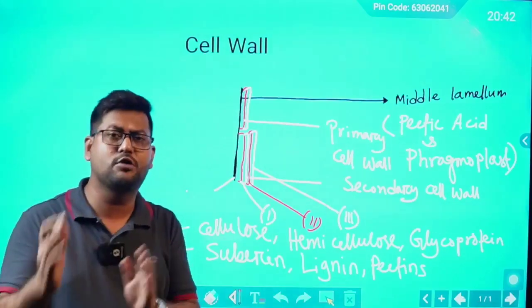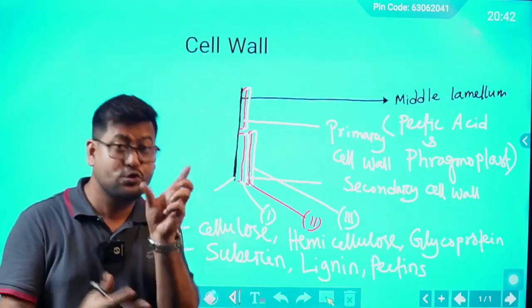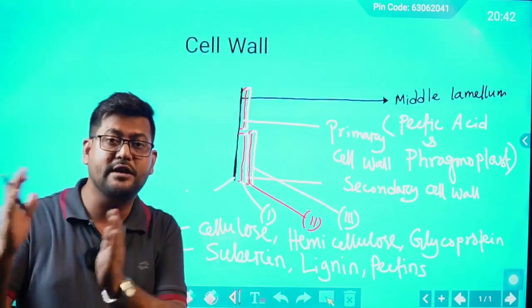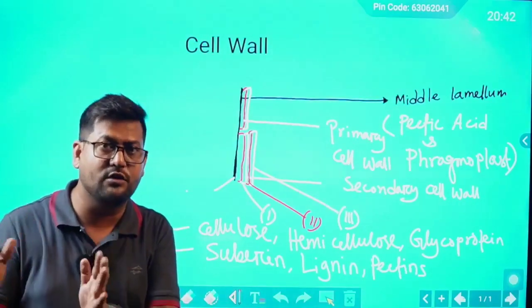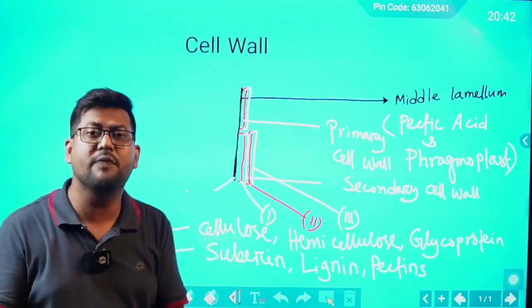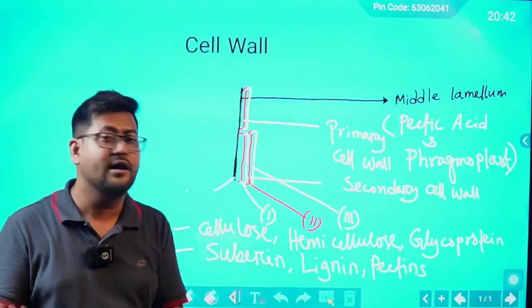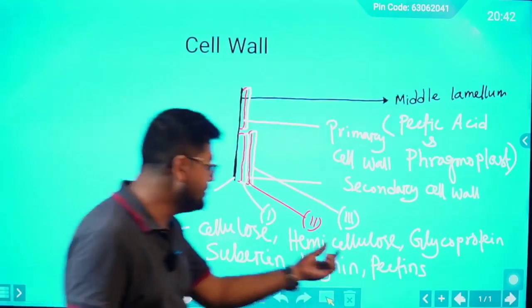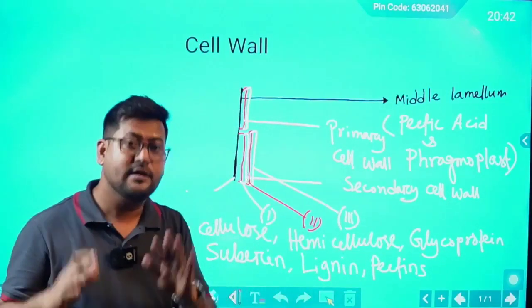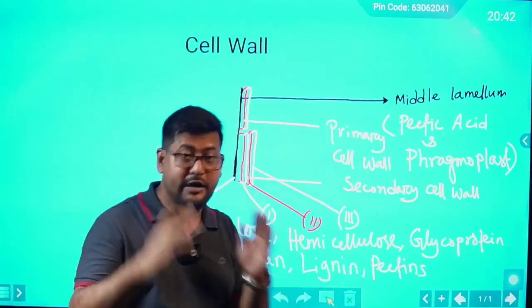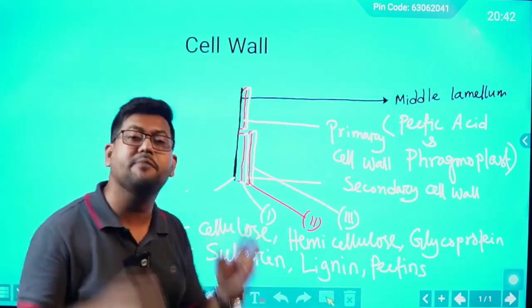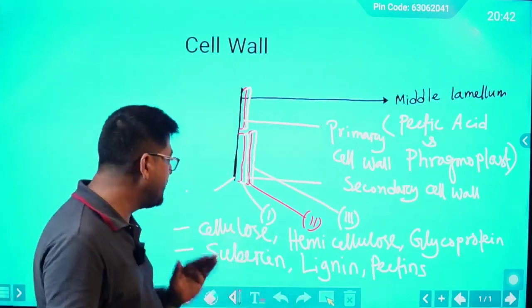Look, sodium chloride is solid in nature, but sodium added with the hydroxyl group forms sodium hydroxide, and sodium hydroxide is not solid in nature. Similarly, pectic acid is liquid in nature, but when it remains as pectins, at that time it will be solid in nature. Probably you got the point.